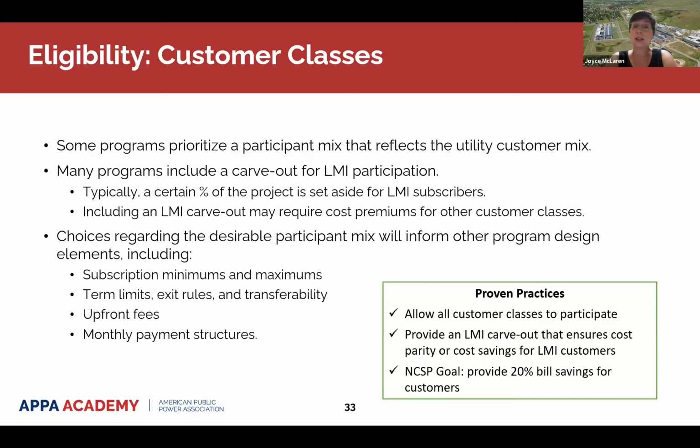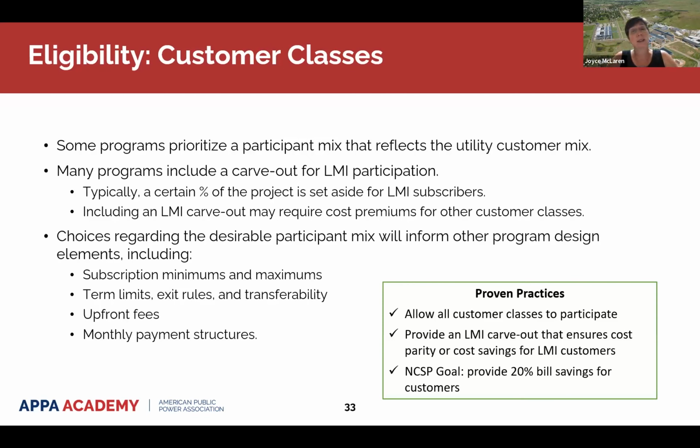The choices that you make about this participant mix and who's eligible will inform some of your other design elements that we're going to look at, including subscription minimums and maximums, term limits and exit rules, upfront fees, monthly payment structures. Again, it's all about the cash flow, and some of these elements do interact with one another.